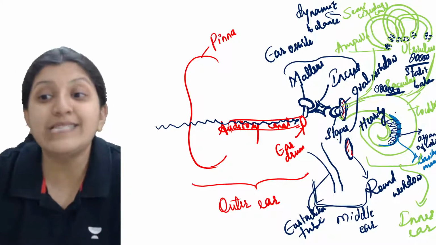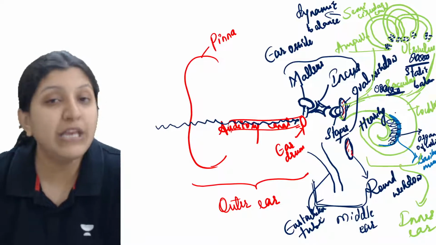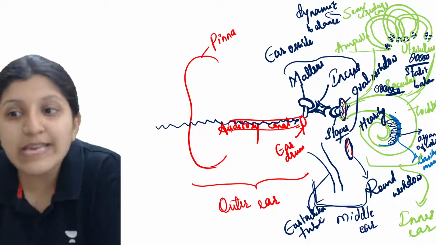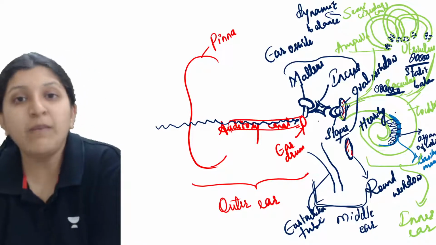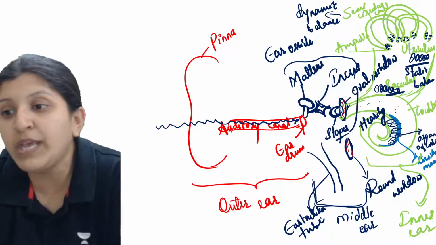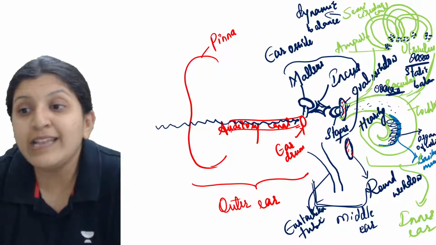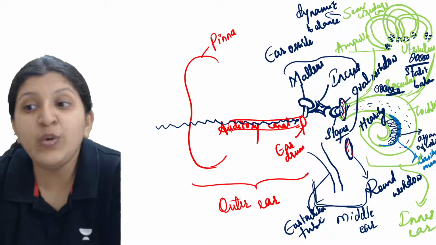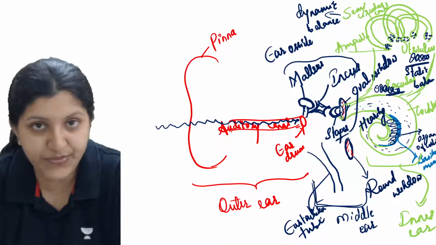You can see that the stapes is in continuity with the oval window. From the air medium, the sound vibrations now move into the fluid medium. You know that inside the cochlea you can find endolymph as well as perilymph.